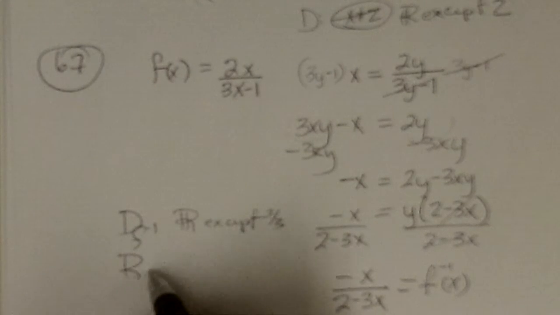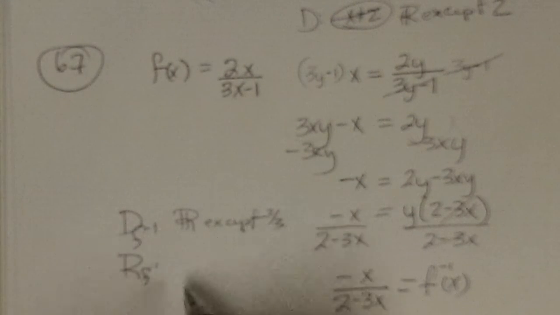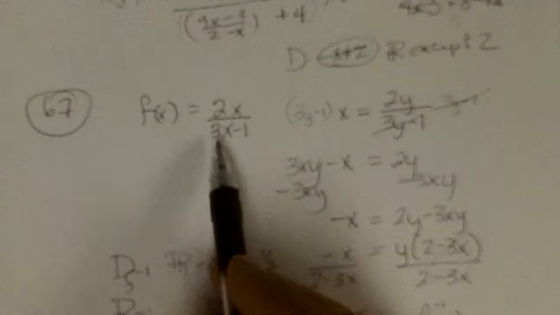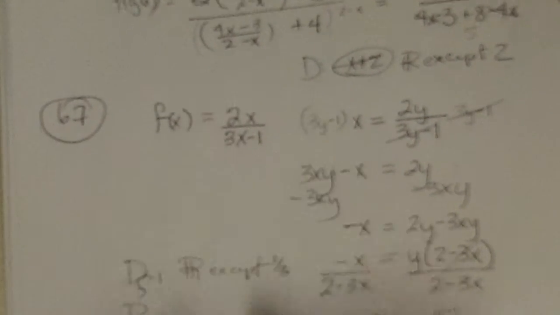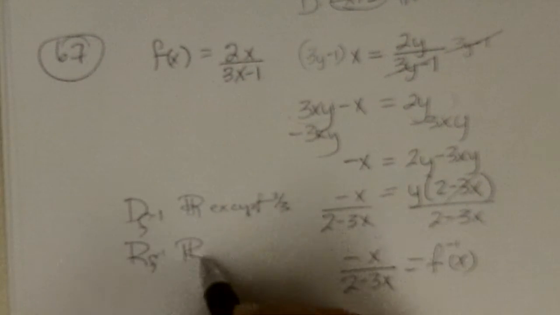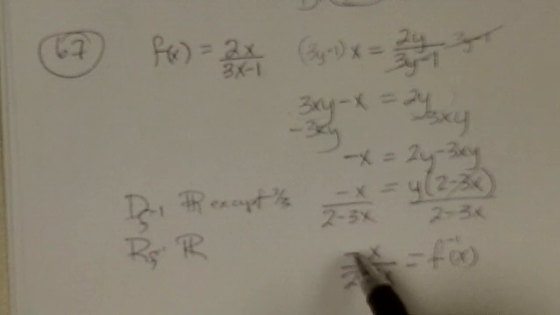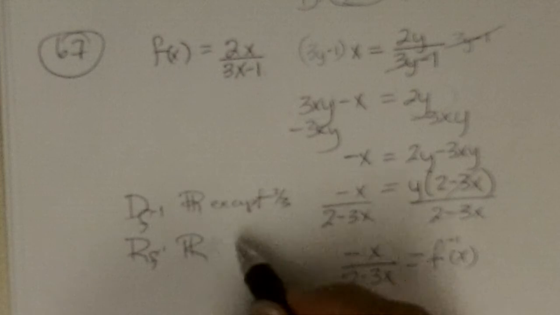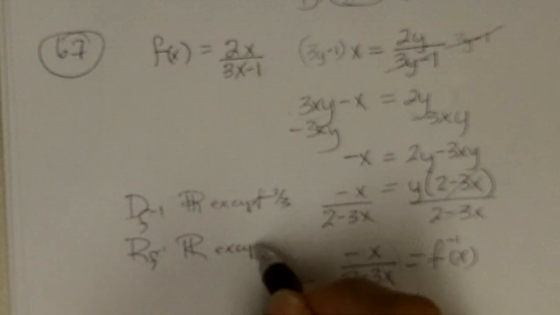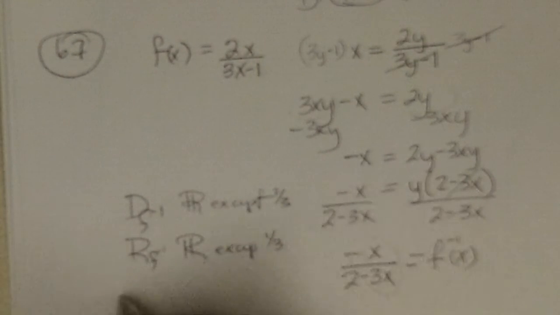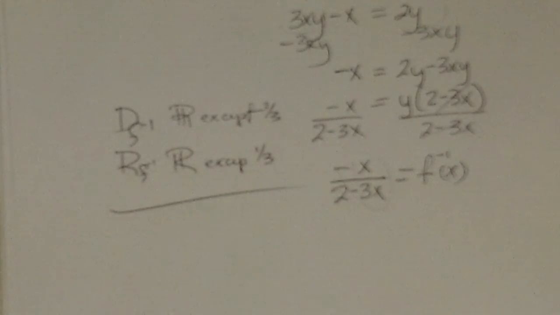And the range of f inverse is going to be the domain of f, which the only thing I can't use is 1/3. The only thing I don't get out of here is the ratio of the coefficients here, -1 over -3, or 1/3. All right, that's 5-2.